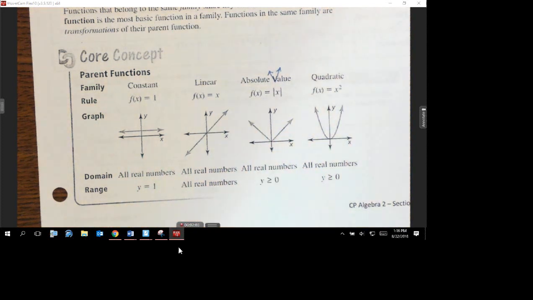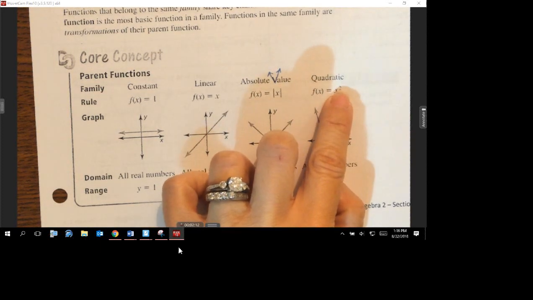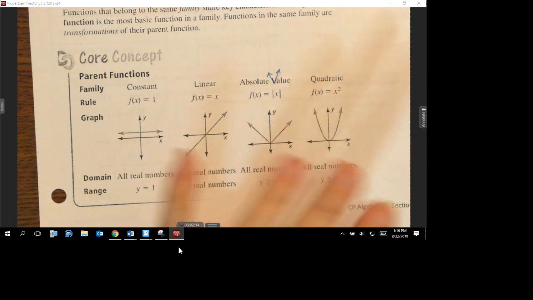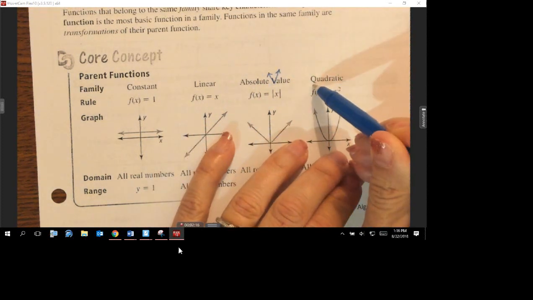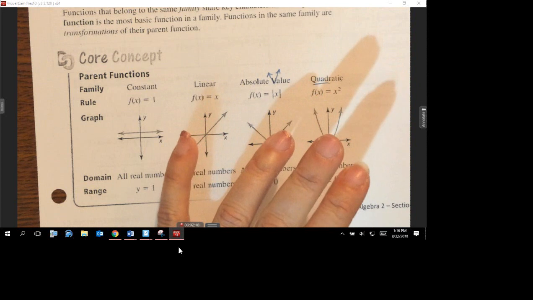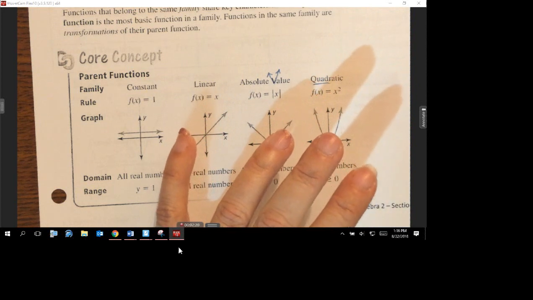And then quadratic is a squared function. You see right here, it's got x squared. This is why it has the word quad. Quad means 4.